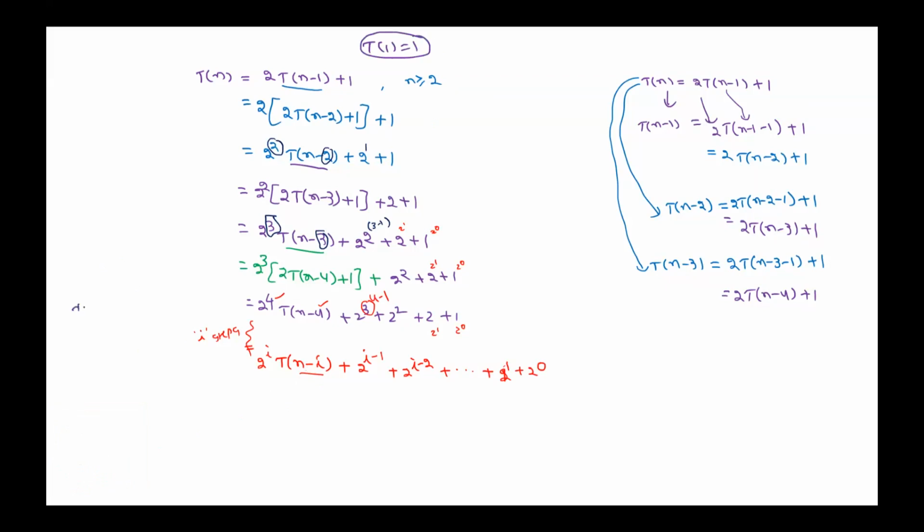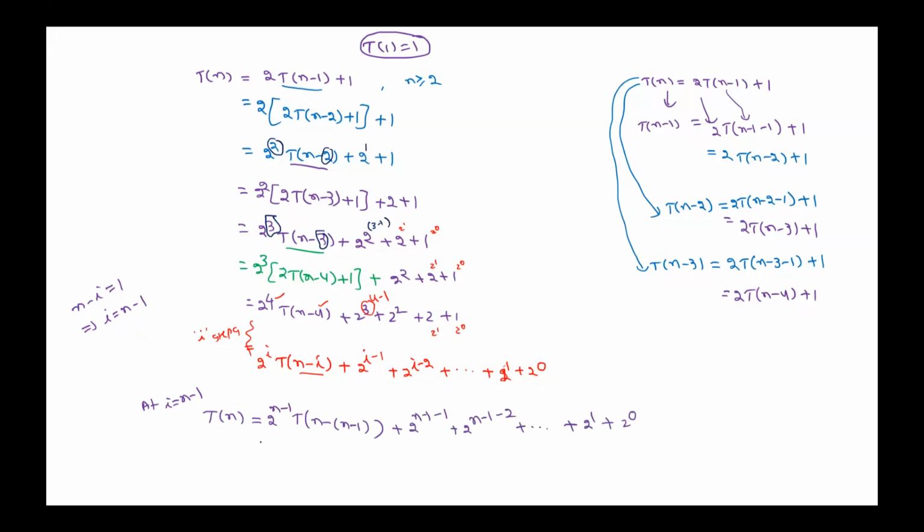So when do we get 1 here? n minus i equal to 1, that means i equal to n minus 1. So at i equal to n minus 1, what is T of n? 2 power n minus 1 into T of n minus 1 plus 2 power n minus 1 minus 1 plus 2 power n minus 1 minus 2 plus and so on plus 2 power 1 plus 2 power 0.